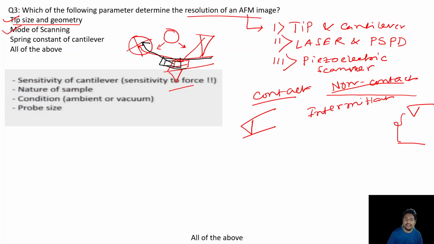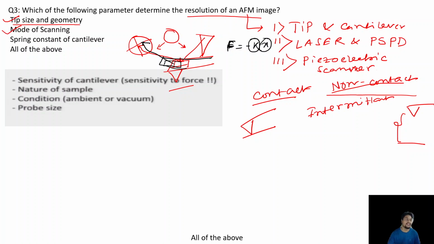Now, what is the spring constant? F is minus kx, where k is the spring constant and x is the deflection. If the spring constant is very high, it will be very difficult to deflect, and the forces acting are very small.